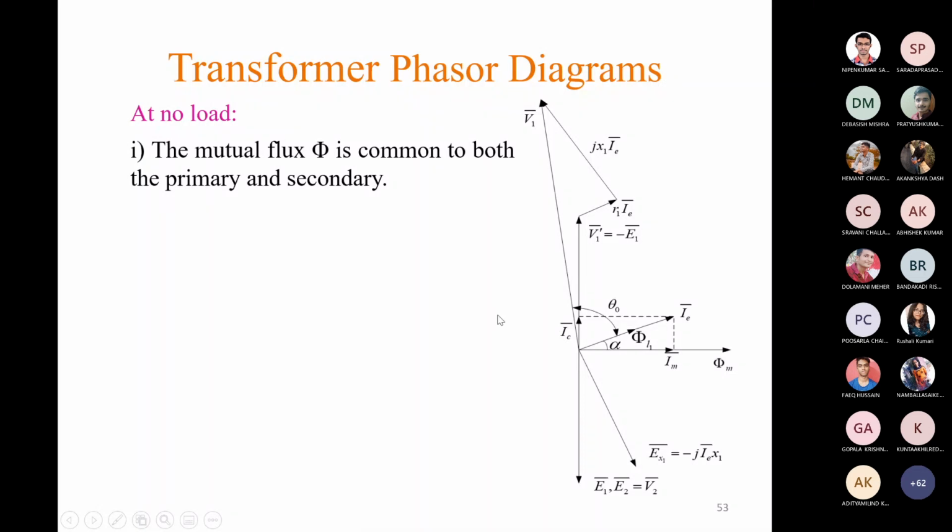The same notation or convention we will follow, that is, mutual flux is common to both the primary and secondary, so we will consider it as the reference phasor. The induced EMFs E1 and E2 lag this flux by an angle of 90°.